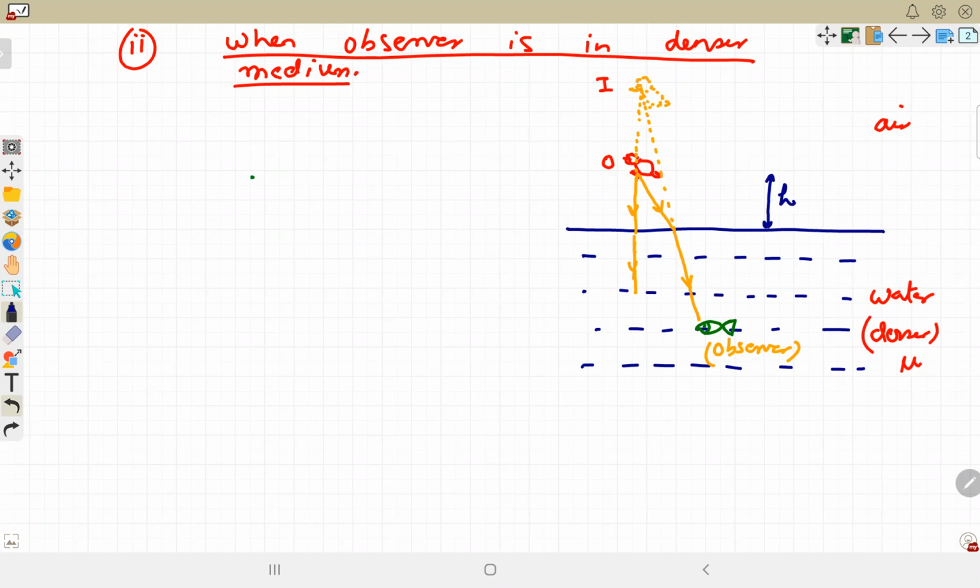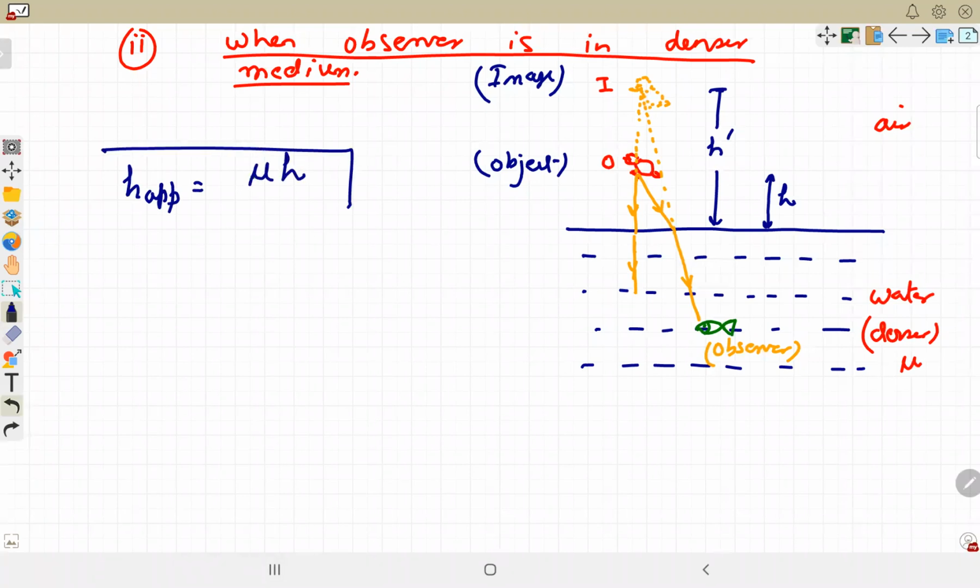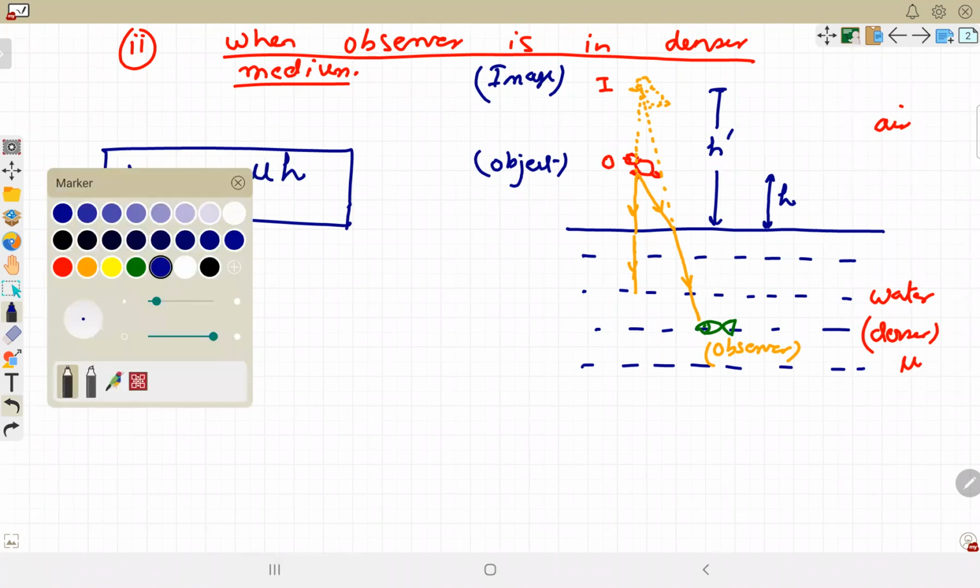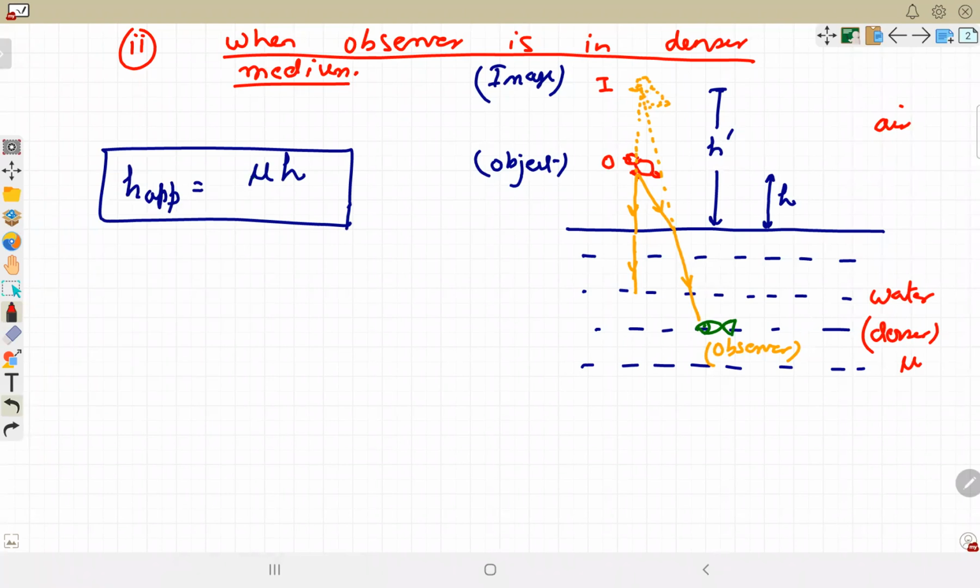If the real height is h, the apparent height of this image will be h dash or h apparent. So the apparent height of the bird will be mu times h, by the same logic. Mu sin i is equal to sin r. If you want this derivation again, we'll not do it because it is exactly the same method. Here it will become i, this angle is r, here it becomes r.